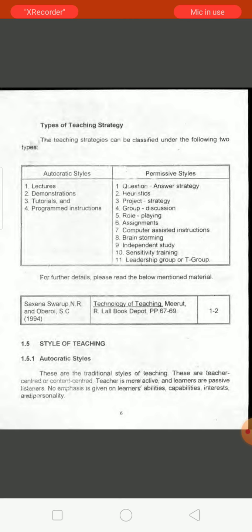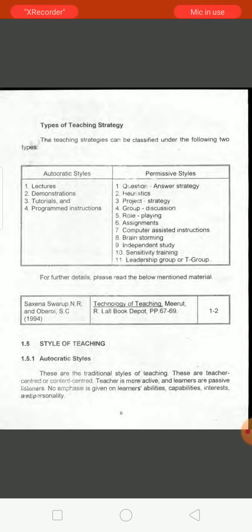This may be social training as well, just like COVID-19. Number 11 is a leadership group or T group. In that you give some roles to the students, and there are some leaders, and they keep on playing different roles, and their main role is a leadership role.